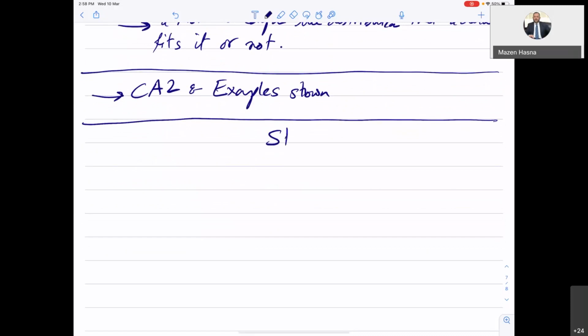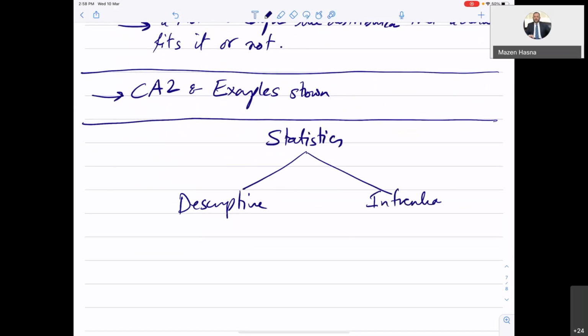So we said we are doing statistics, and we said descriptive and inferential. So we did this, and in inferential we said there are two main categories: estimation, and hypothesis testing.